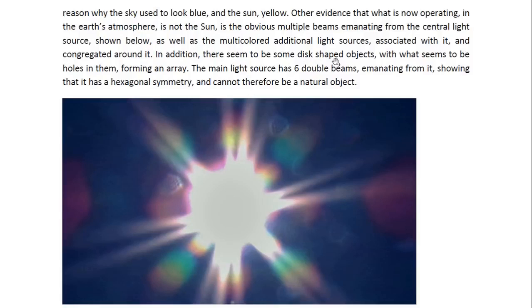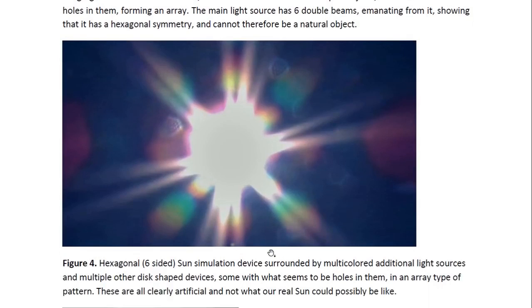In addition, there seem to be disc-shaped objects which seem to have holes in them, and these seem to form an array. So the main light source here has 6 double beams, perhaps some parts is 3, the top and the bottom, and these are emanating from it, showing that it has a hexagonal symmetry, and of course it cannot be a natural object. This is of course clearly a device.